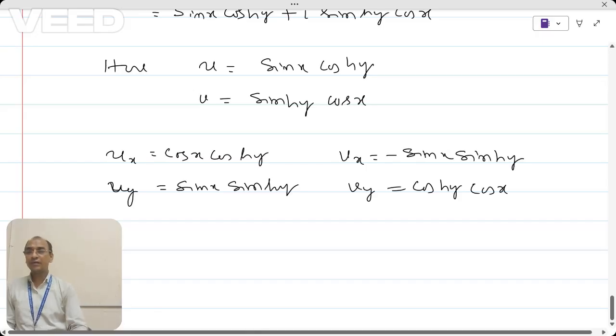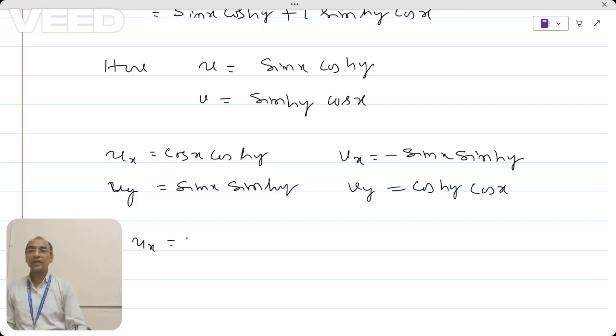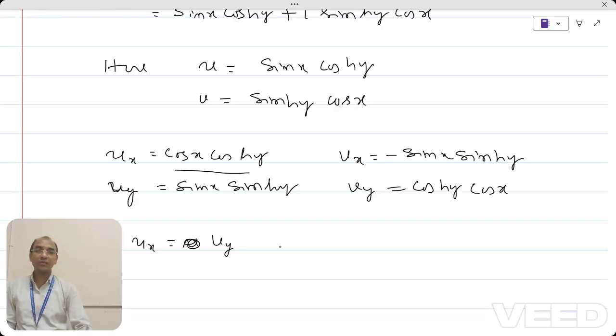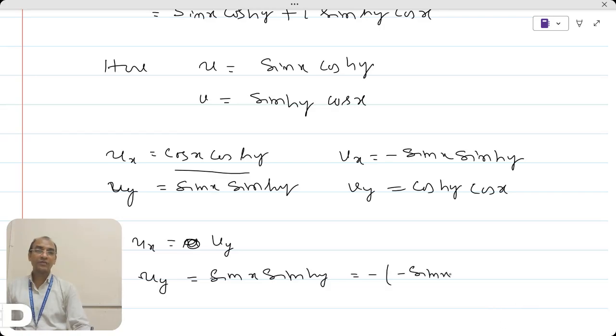Now you see that here ux is cos x cos hyperbolic y, which is equal to vy. vy is cos x cos hyperbolic y. And you see that uy is sin x sin hyperbolic y, and that is equal to minus of minus sin x sin hyperbolic y.